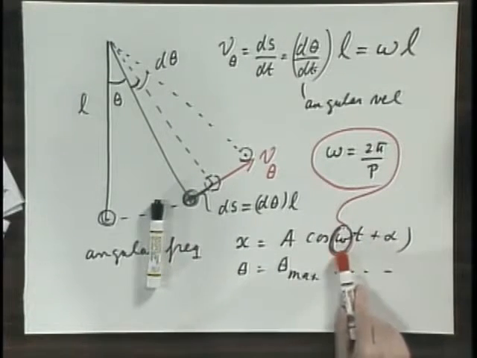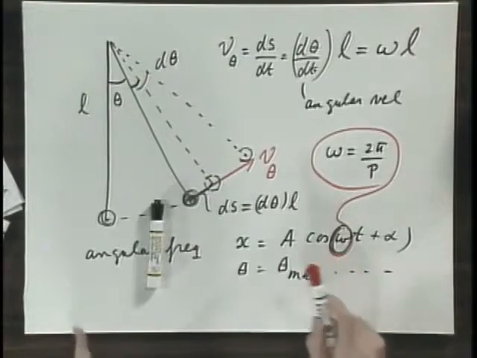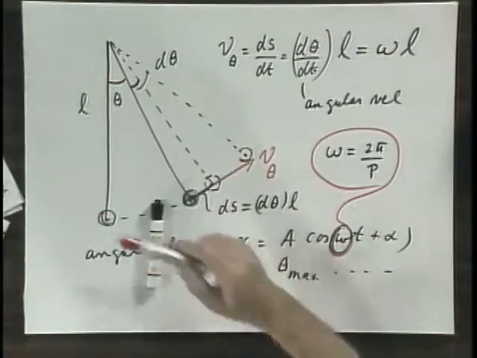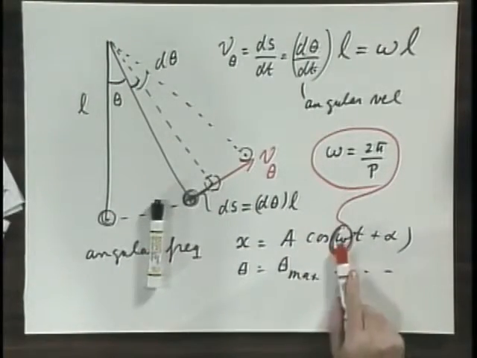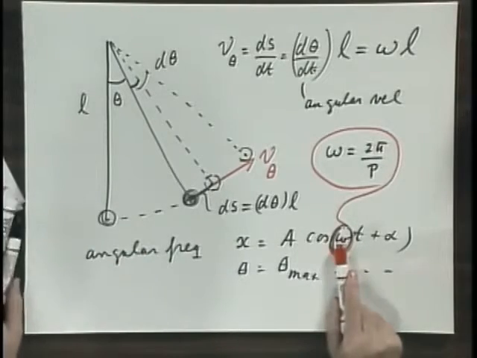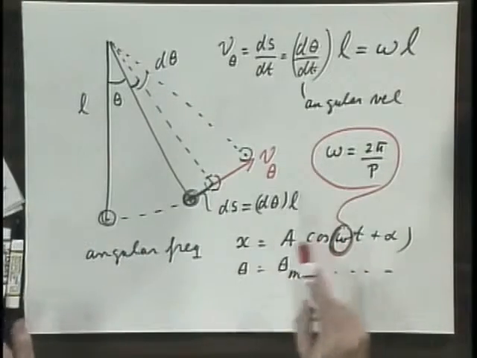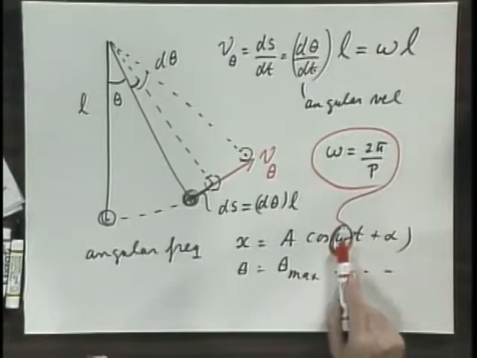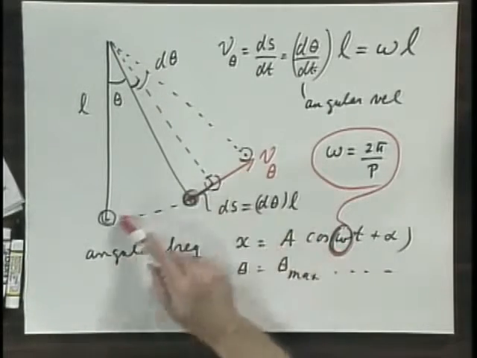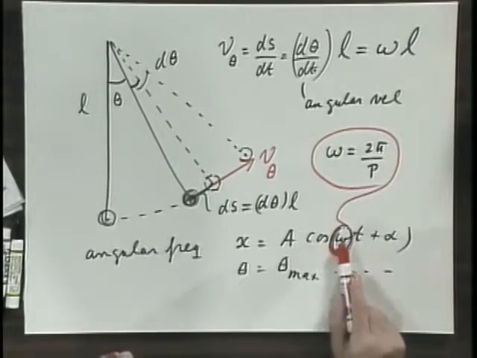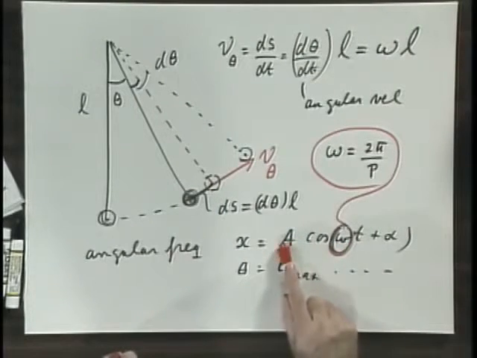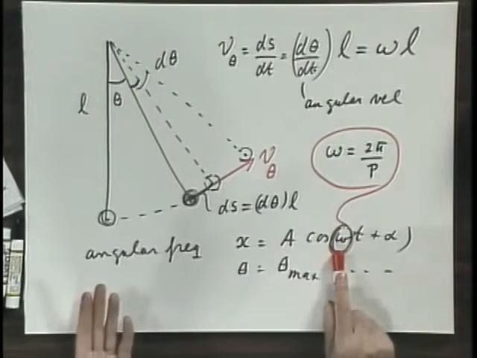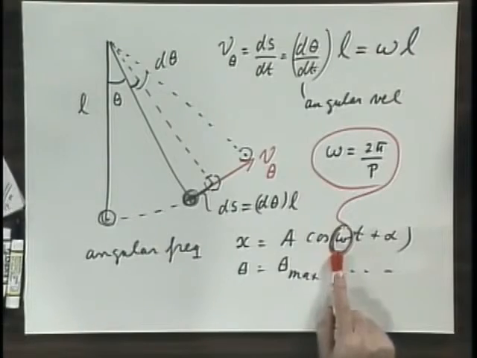For a given pendulum, for a given length, this omega is a constant, not changing in time. In fact, we will show that to a good approximation, the omega doesn't even change if you change the amplitude of the oscillation. It's independent of A, it's independent of alpha. It is a constant for a given simple harmonic oscillation.